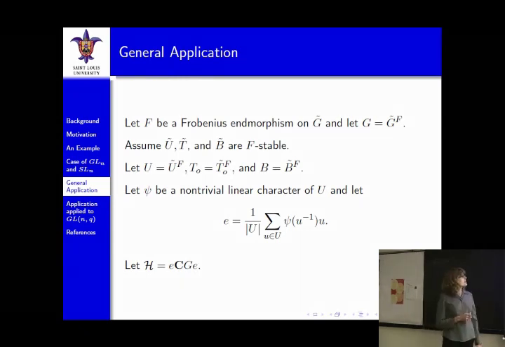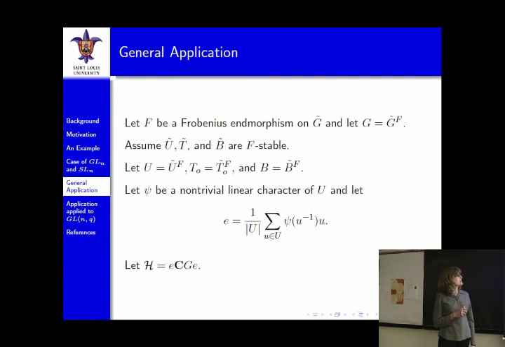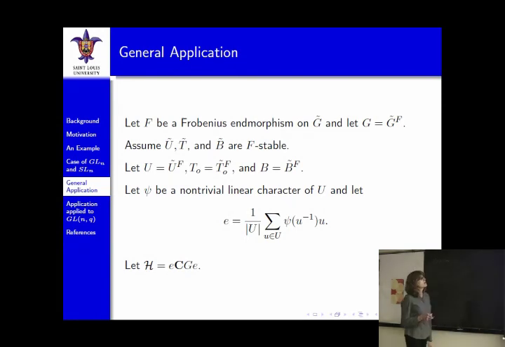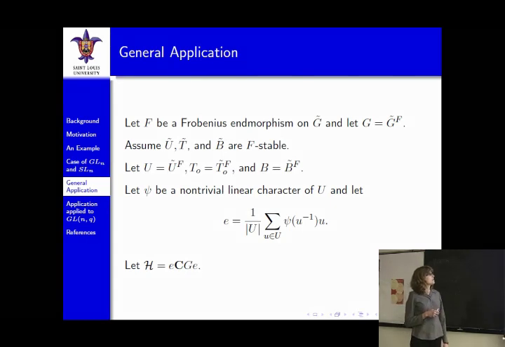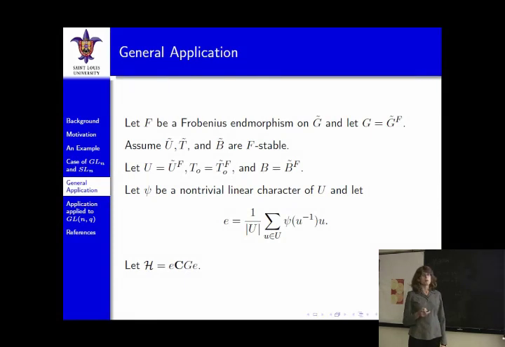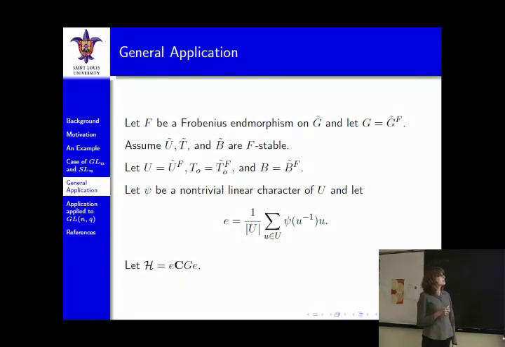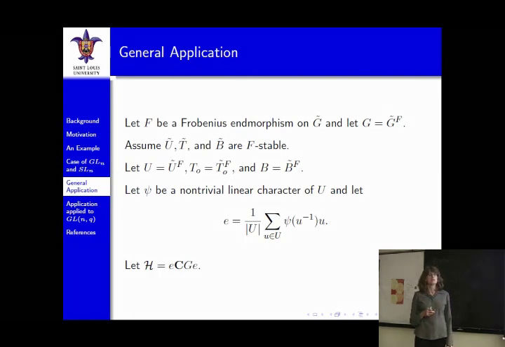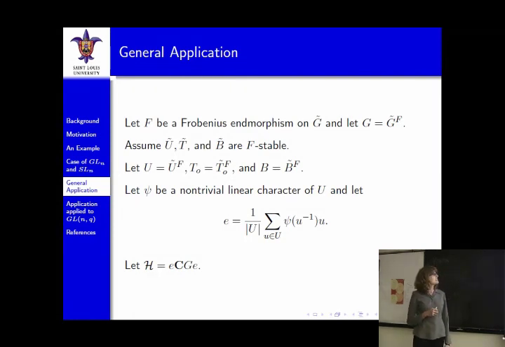But F stable means if you take something in B and you take F of it, you stay inside B. You maybe move to a different element in B, but you stay inside B. So assume these are F stable and take the fixed points of all of them. That's why I had tildes. You might have been wondering why I was putting tildes on everything. It's because now I'm removing the tildes when I'm taking the fixed points of these maps. And this U, T, and B are all inside G.